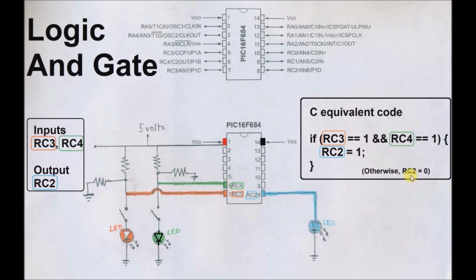I kind of already explained it, but in this circuit there are two inputs, RC3 and RC4, and they are configured that way, and RC2 is the only output.